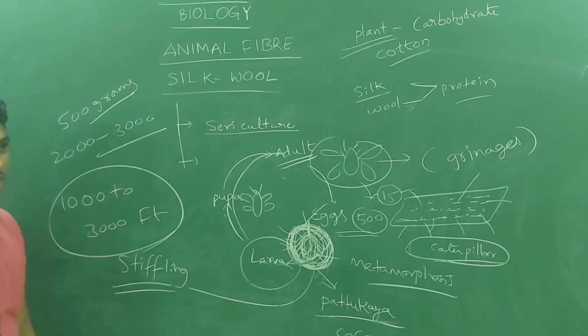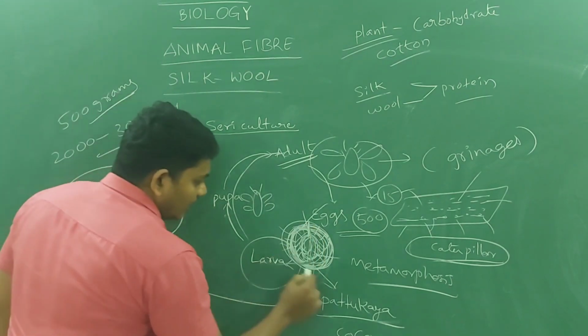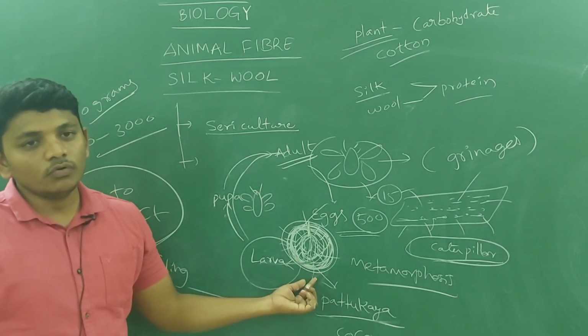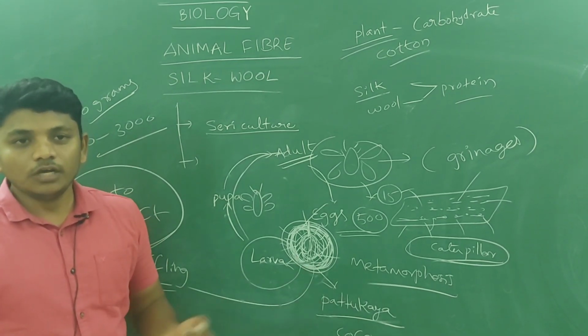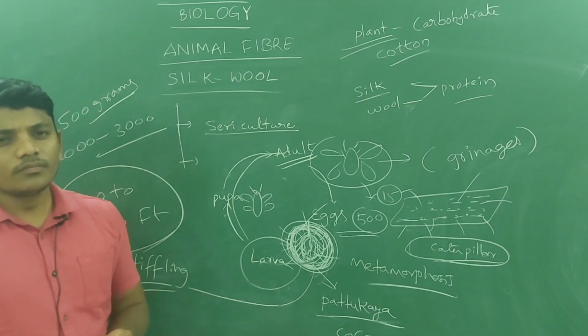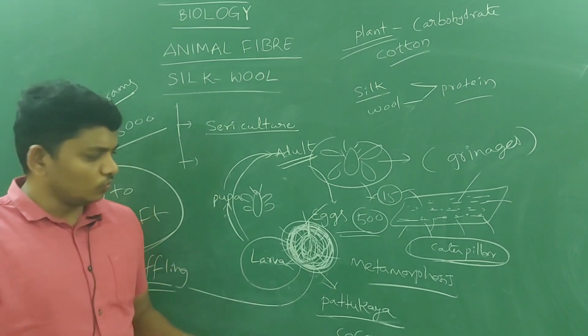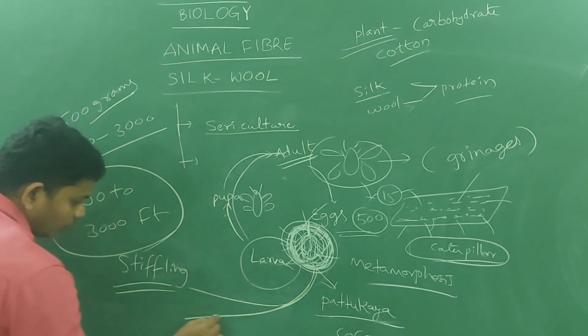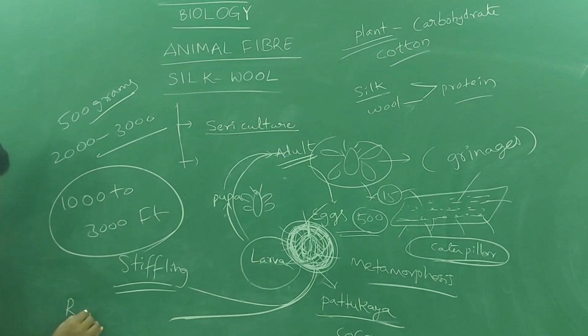So here the most important thing is the larva stage, in which the cocoon is made. This cocoon is usually taken out, and the farmers reel the material from the cocoon. So taking of thread from the cocoon is called reeling.